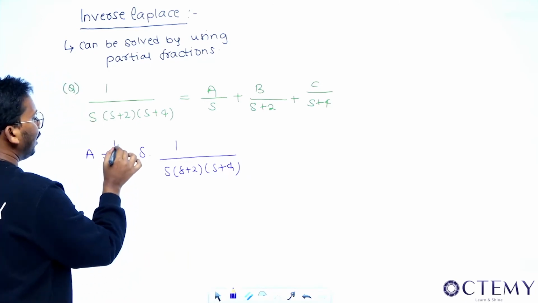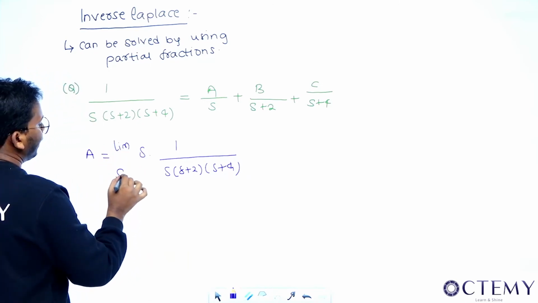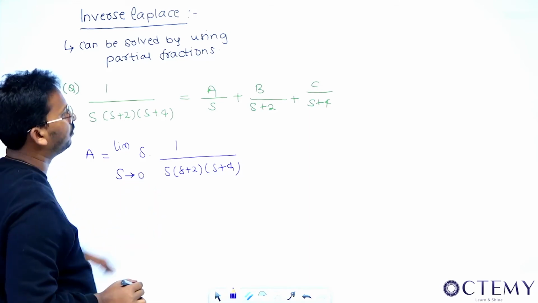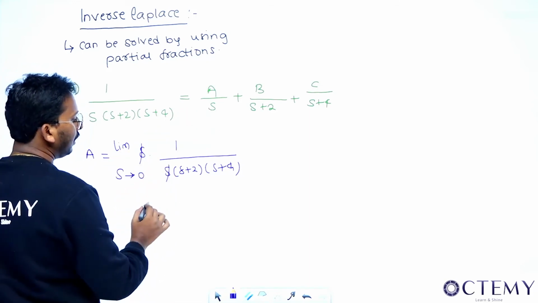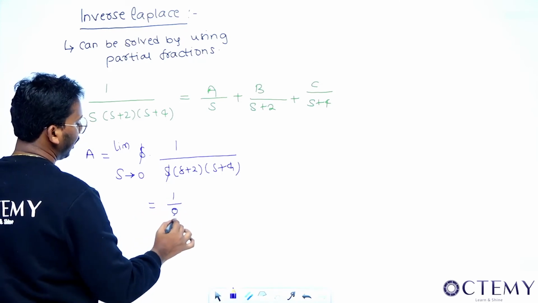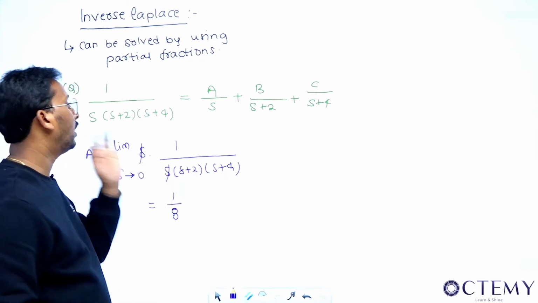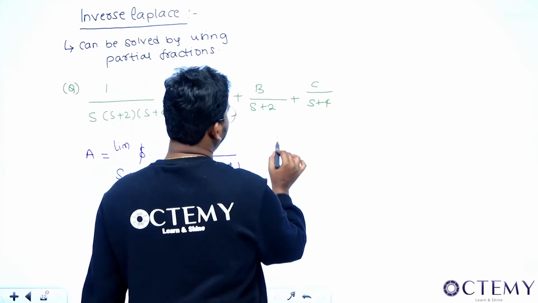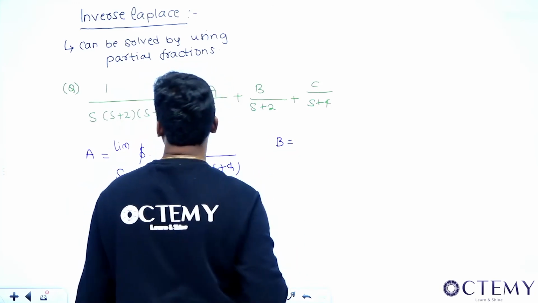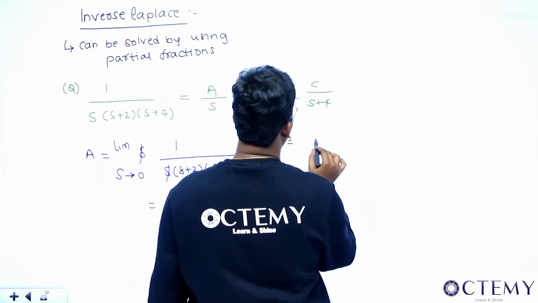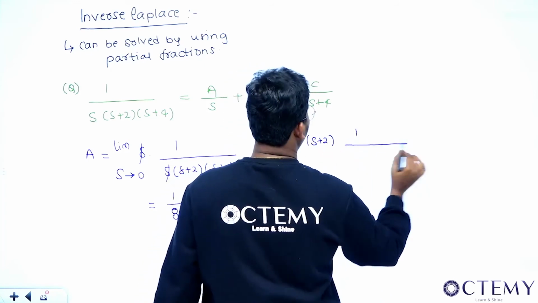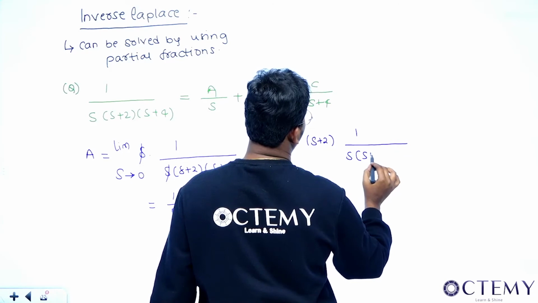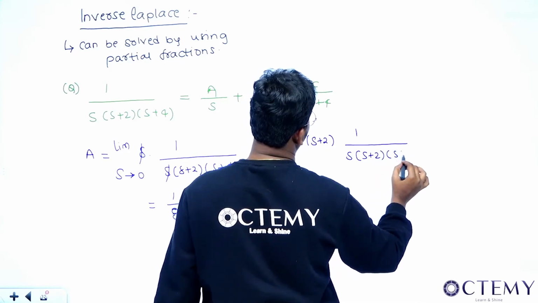After multiplying, what you do, sir? In this you put limit s tends to 0. Why s tends to 0? Because this is s is equal to 0, sir, right? So if you do that, you will get the value as 1 by 8, isn't it? Because 4 2s are 8. Similarly, if you want B, whatever is there in the denominator of B, multiply it here, that is s into (s plus 2) into (s plus 4).